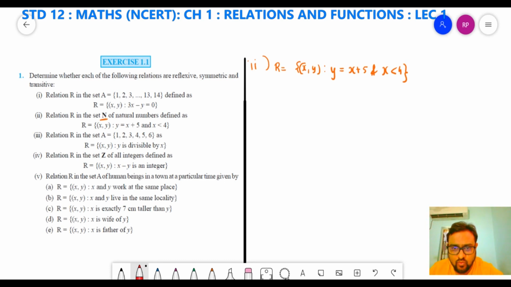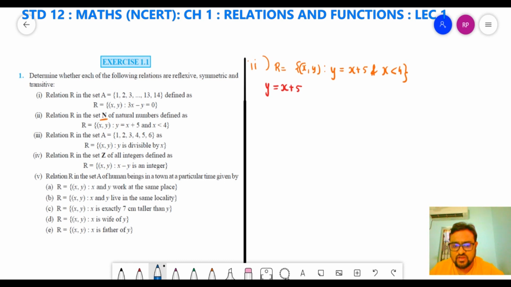If I take (1, 1), see, there are two options. Either prove that for every a belongs to A, (a, a) belongs to R, then it will be reflexive. And if you want to prove not reflexive, then just select any one ordered pair, (1, 1) or (2, 2), any such pair which does not belong to R. So I will select the second one. Here y is equal to x plus 5, right?